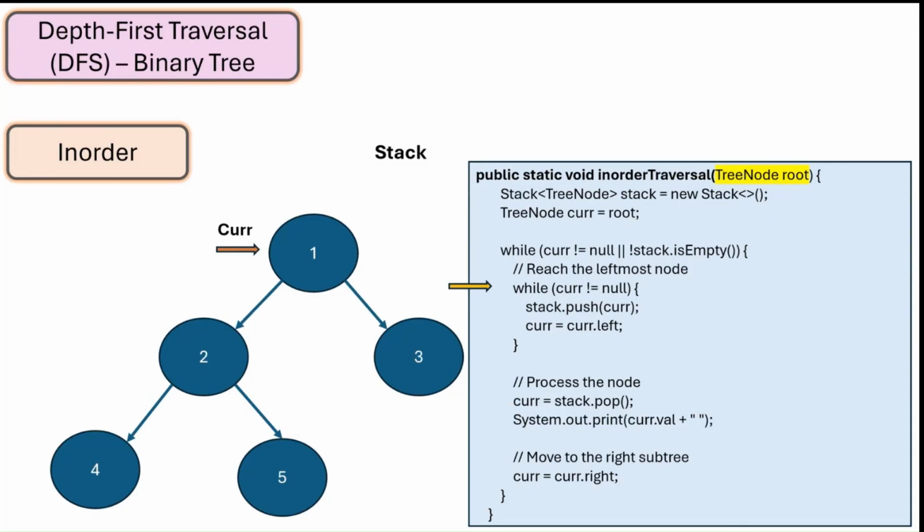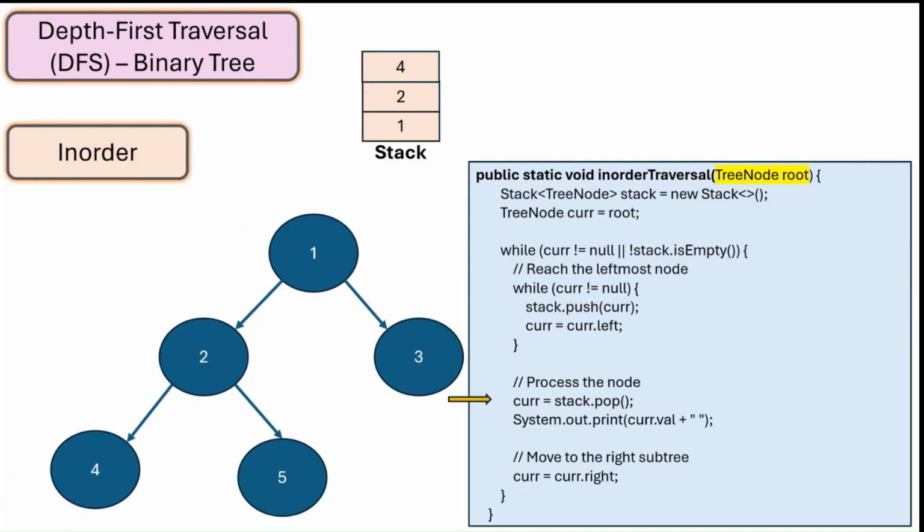So in this while loop, we continue to visit the left child: we push node 1 to the stack, then we go to the left of 1, which is 2, we push it to the stack, then we go to the left, which is 4, then we push it to the stack, and then current becomes null because the left child of 4 is null.